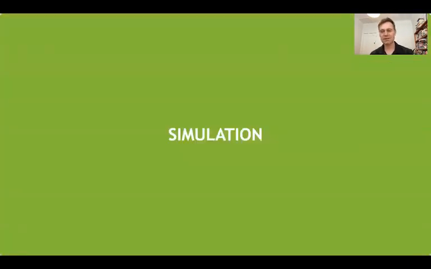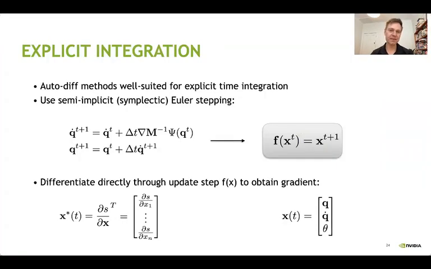Okay, so I think now is a good time to talk about some simulation, some examples and applications, and things that we can do with our gradients. I didn't specify any particular time integration scheme yet, but auto differentiation methods are particularly well suited for explicit time integration. In particular, a good choice is the semi-implicit Euler or symplectic Euler method.